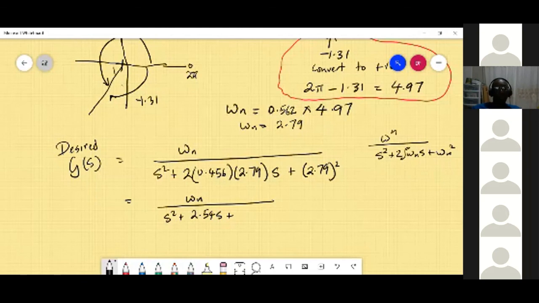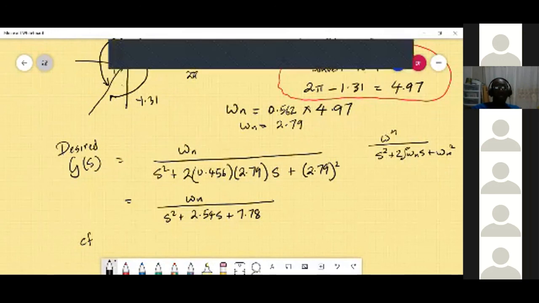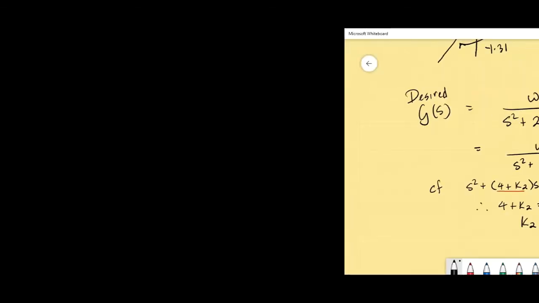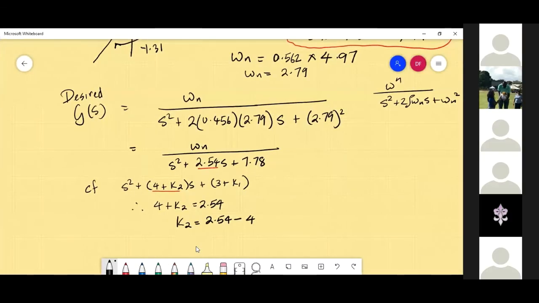7.78. All right, and we're comparing it with the transfer function. We don't have to work it out again, it's the same transfer function as we had before. So K2 is equal to 2.54 minus, how much did we say that is equal to again? Minus 1.46.